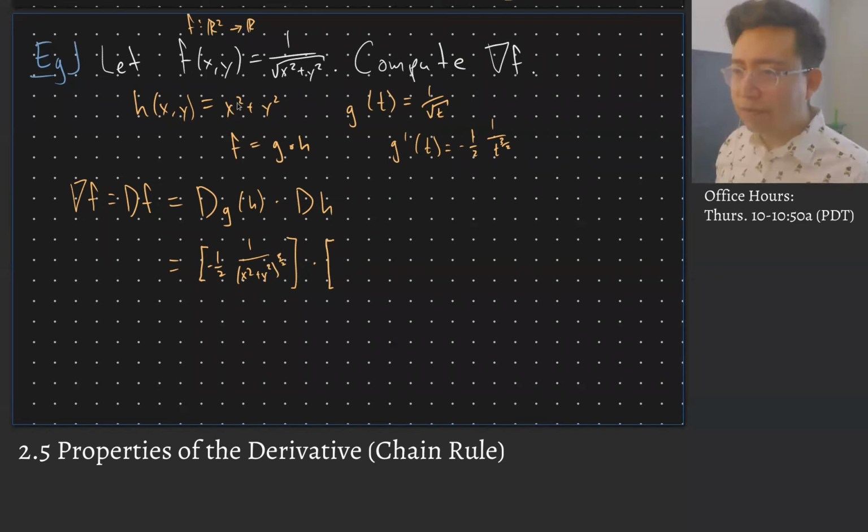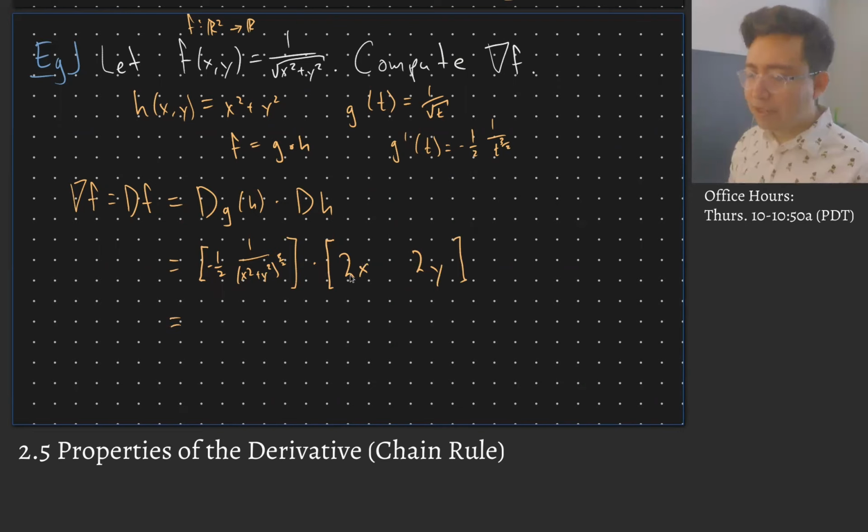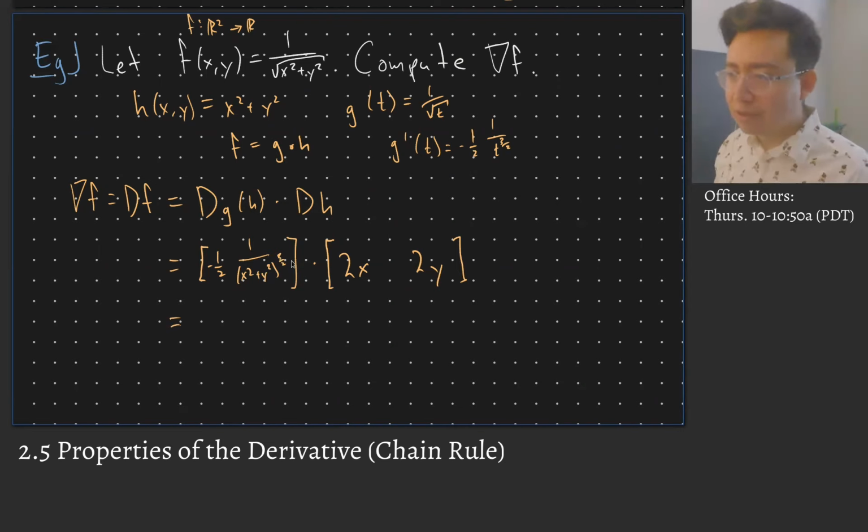So we take the derivative of this with respect to x. That's going to be 2x. And the derivative with respect to y is 2y. Okay. And now I take the matrix product of these, which seems weird, but I have a 1-by-1 matrix and a 1-by-2 matrix.